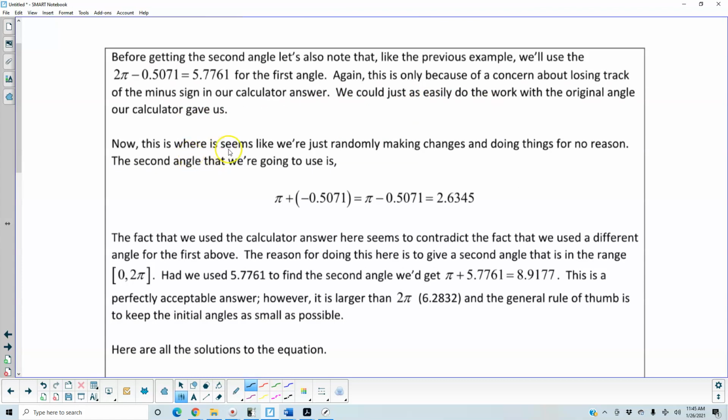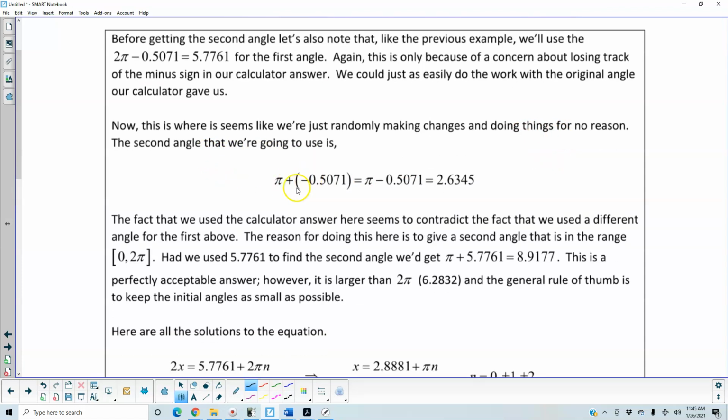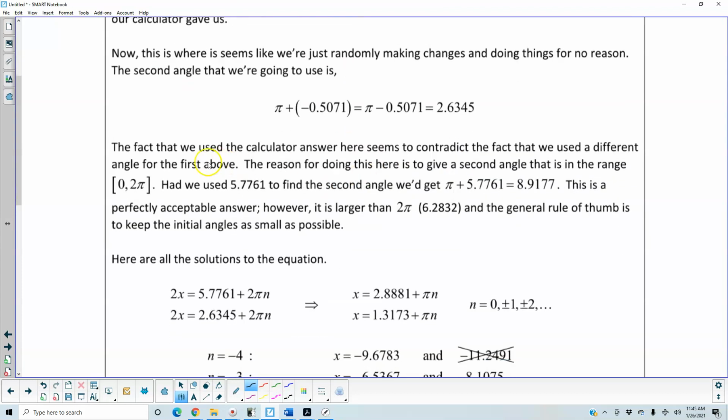Now, this is where it seems like we're just randomly making changes and doing things for no reason. The second angle that we're going to use is pi plus negative 0.5071, which is equal to pi minus 0.5071, which gives us 2.6345. The fact that we use the calculator answer here seems to contradict the fact that we used a different angle for the first above.